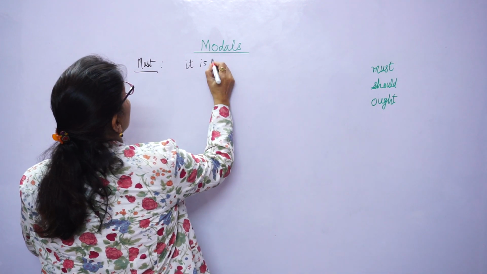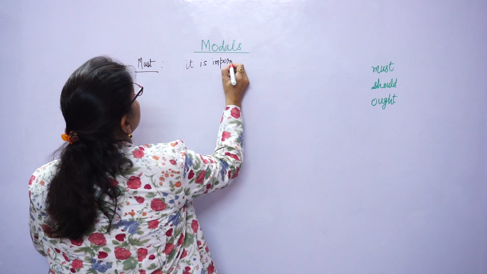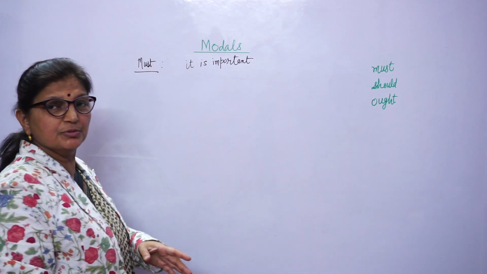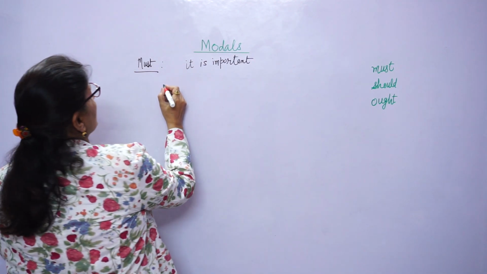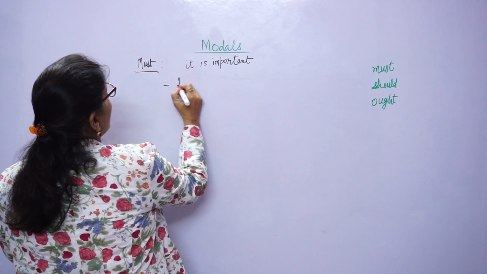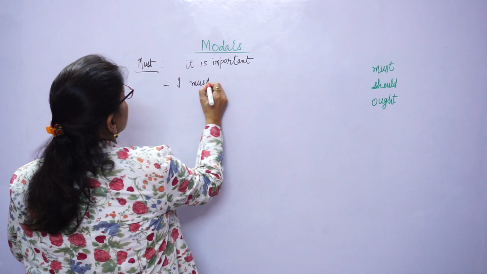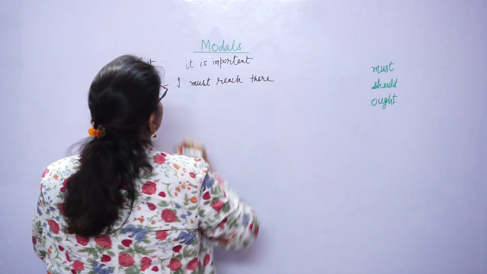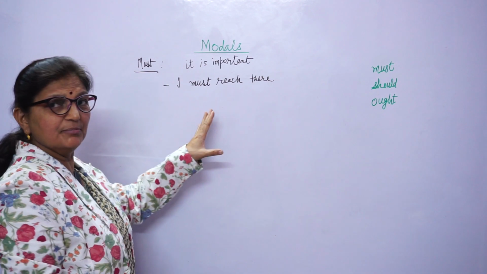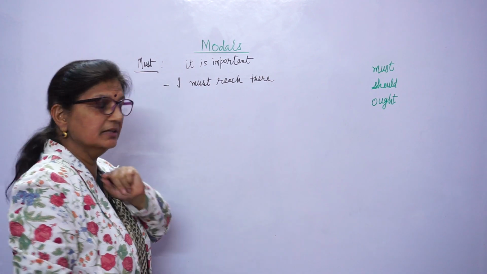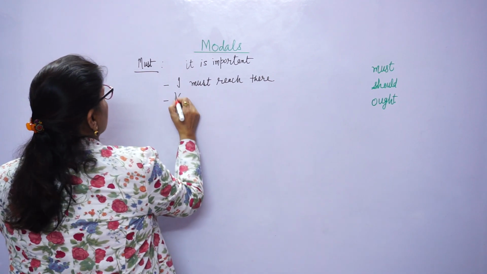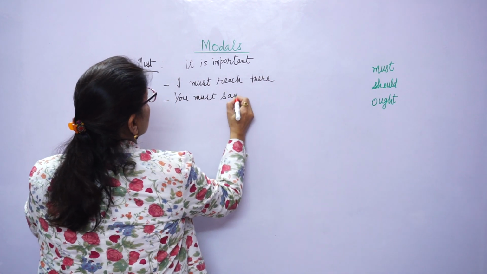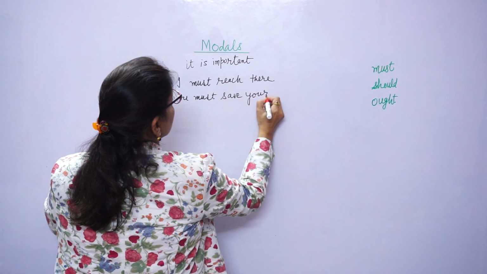Because it's important, or we think it's important. For example, I say I must reach there. It means something is important, I must reach there. You must save your neighbor.